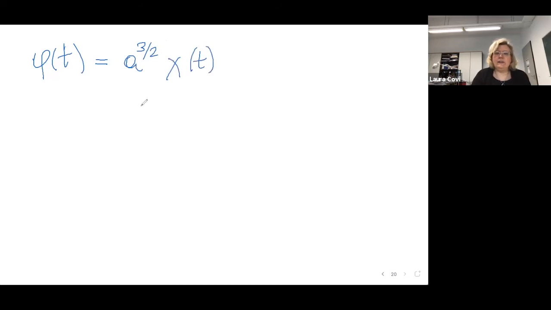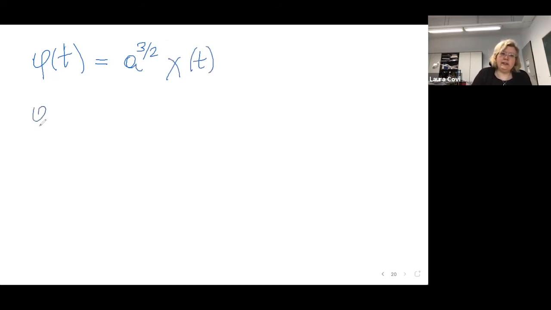So I can take the field and rescale it. I can write the axion field as a function of time as the scale factor to the 3/2, and then I use another field, let me call it chi of t, which is the rest.